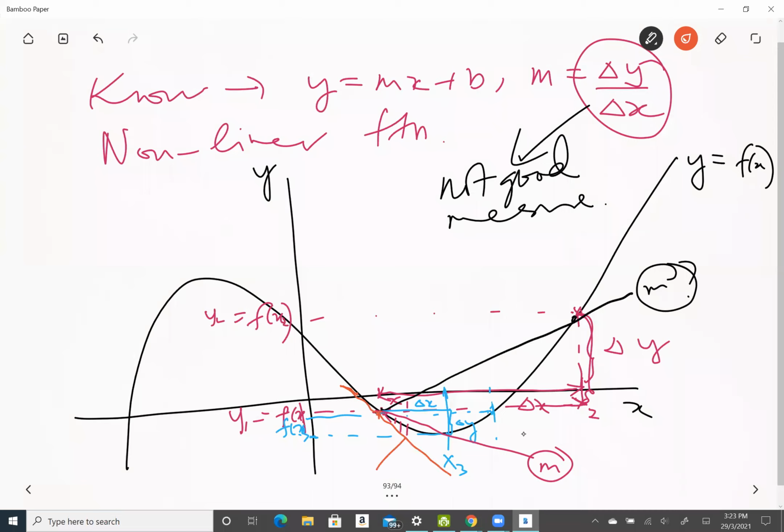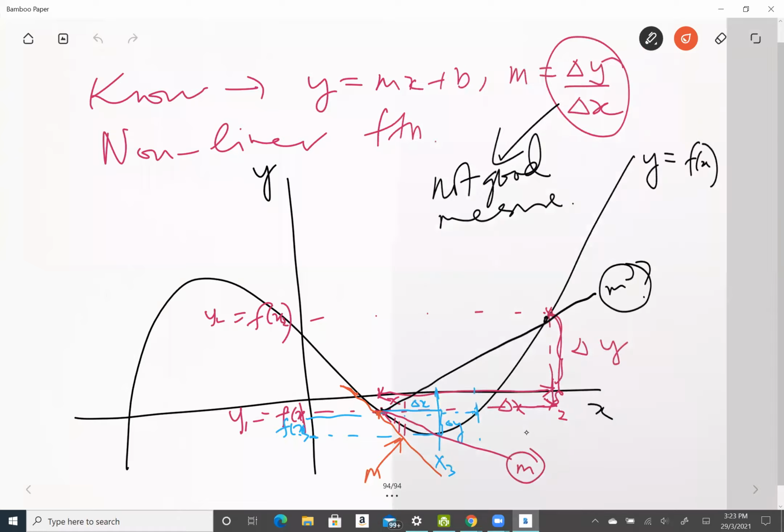So that's the m. As x gets very small approaching 0, what you get will be just a straight line touching the curve at x1.